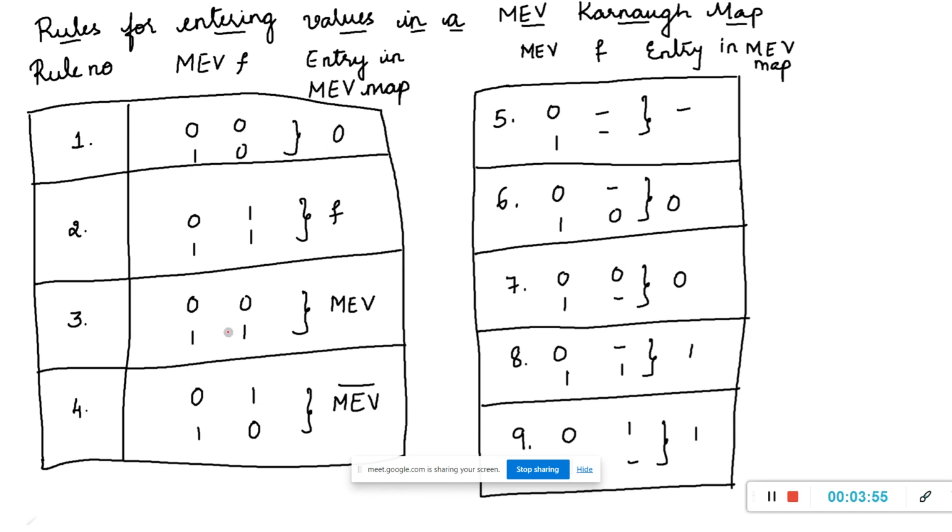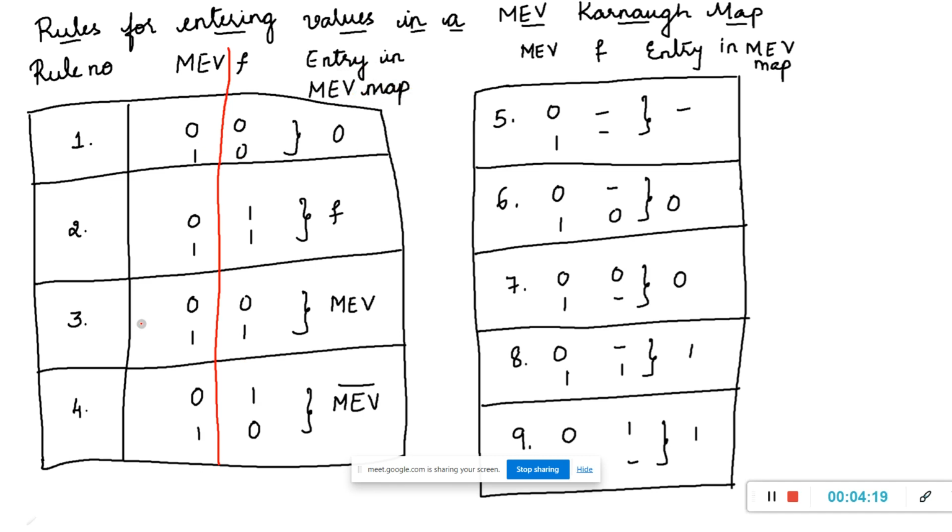Okay. This is a function column. So here I'll just mark a line. This is the MEV variable and this is the function value. And what will be the entry in the MEV map, the MEV cell?